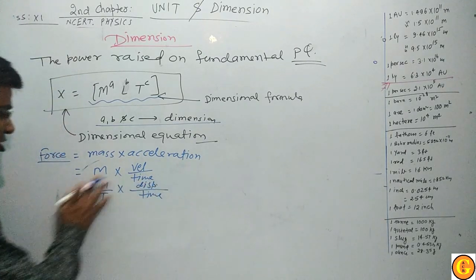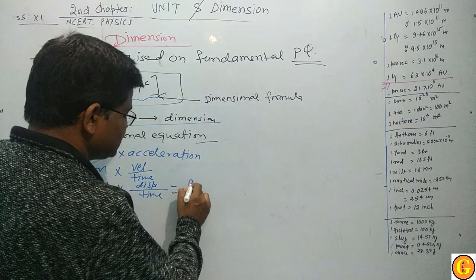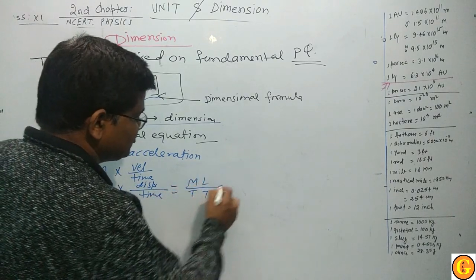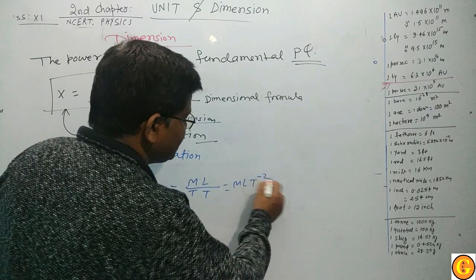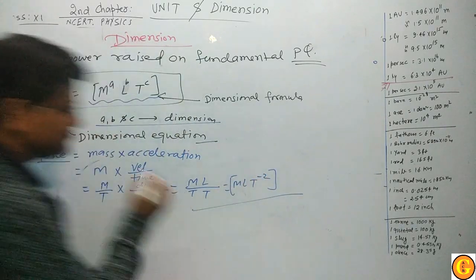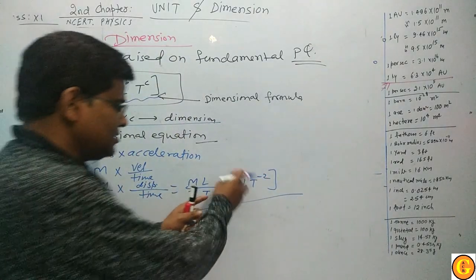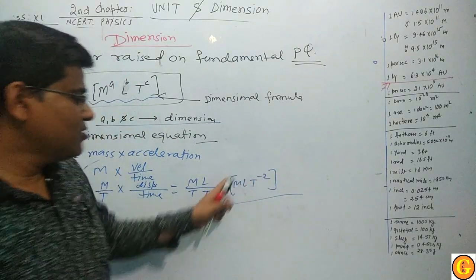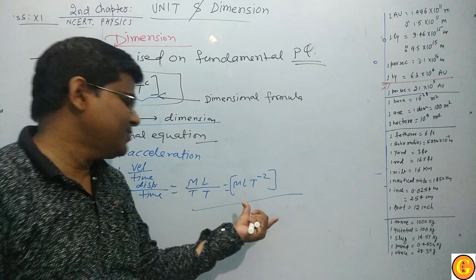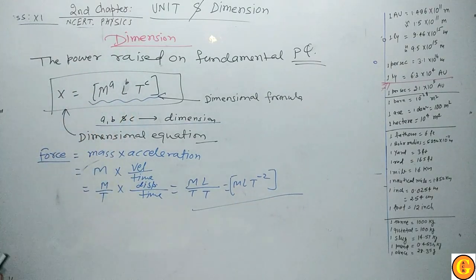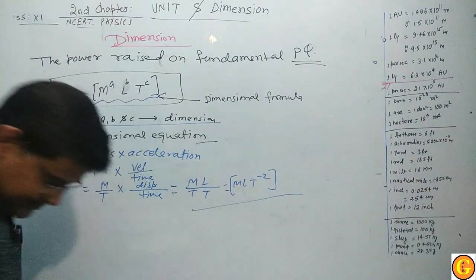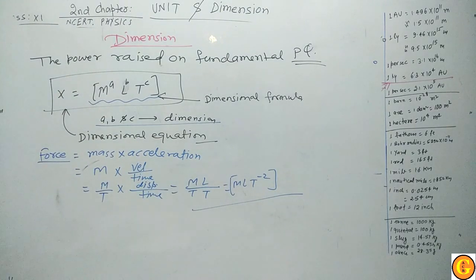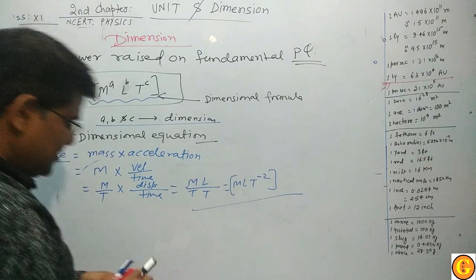Now these are all fundamental quantities, so it becomes M L T inverse 2. And you must enclose the dimensional formula in a square bracket. It is necessary. It is a rule. This is the dimension of force, [M L T^-2].